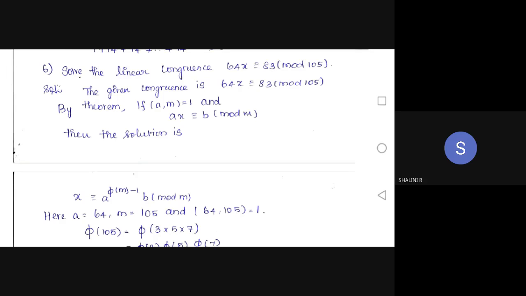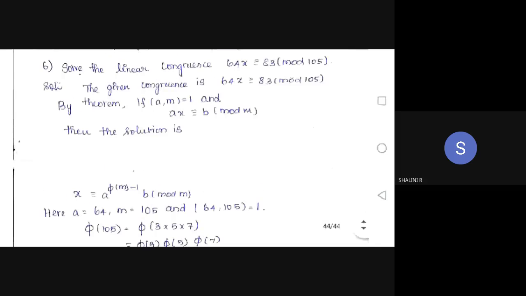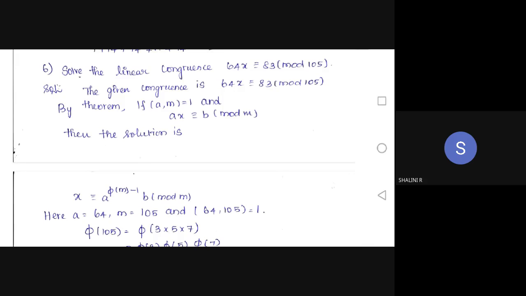The right hand side of the linear congruence is 83, so b is 83. So first check whether a and m are relatively prime. The GCD between 64 and 105 is 1. So 64 is relatively prime to 105.